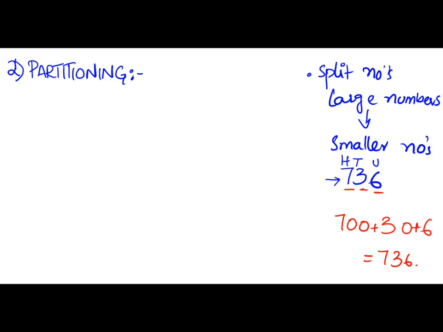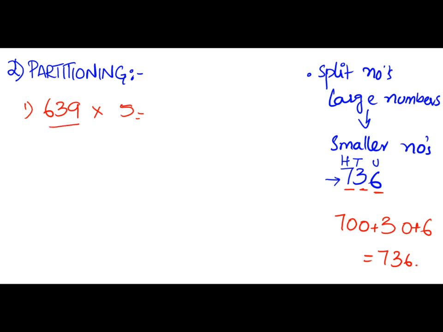So how is this partitioning method involved in multiplication? Let's take an example, which is 639 multiplied by 5. So let us split the larger number first.